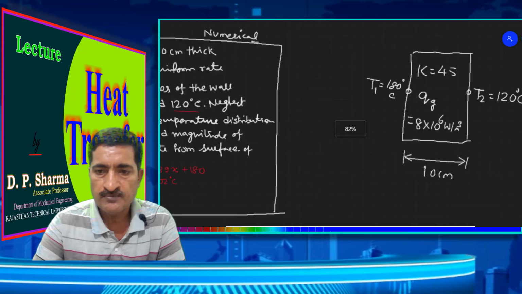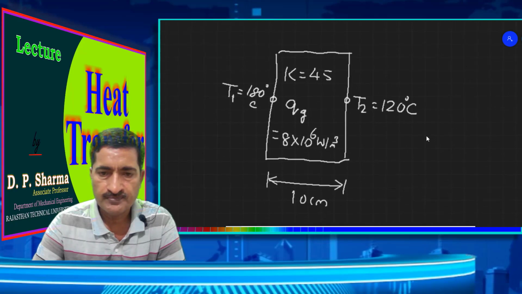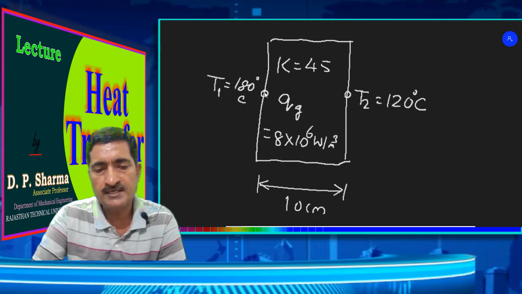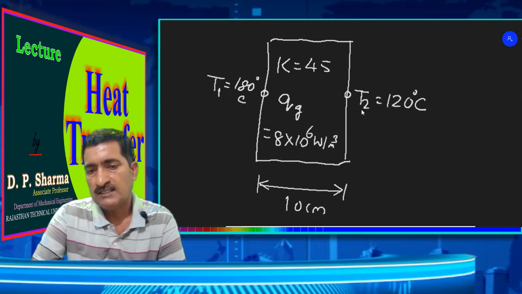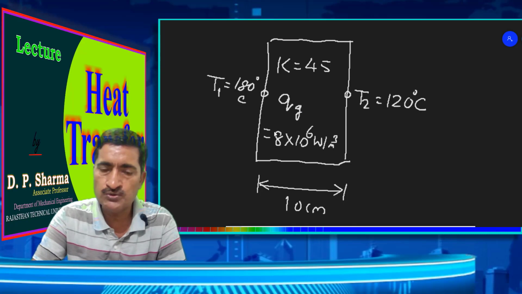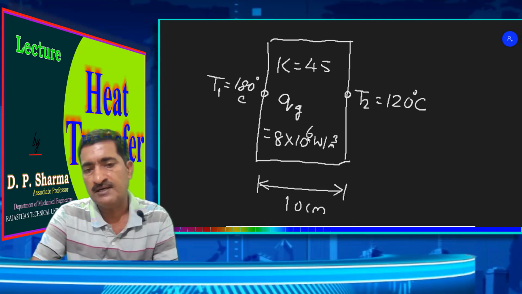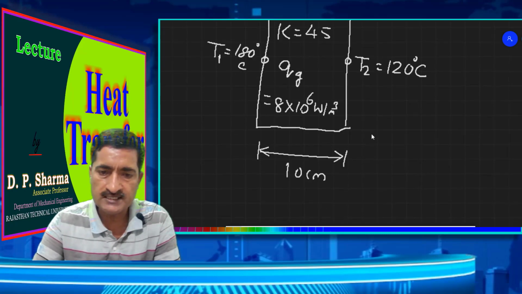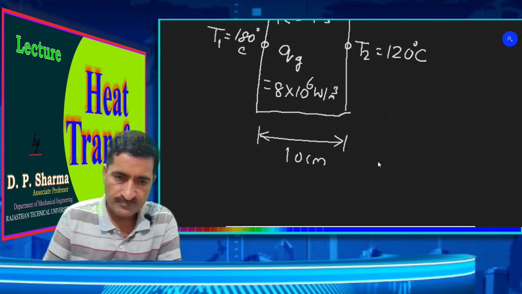This is the problem. T1, on one side temperature 180, is maintained constant. On the other side temperature T2 120 degree centigrade, maintained constant. Thermal conductivity K equal to 45 and Qg heat generation rate 8 into 10 raised to power 6 watt per meter cube, and the thickness is 10 centimeter means 0.1 meter.